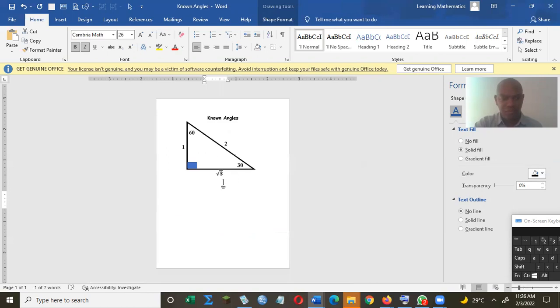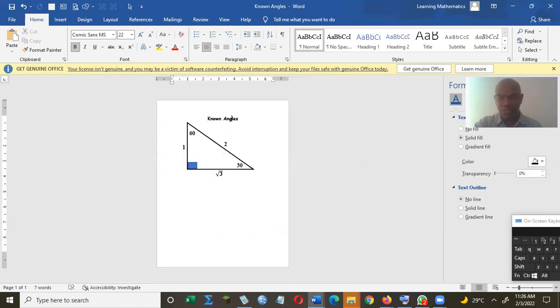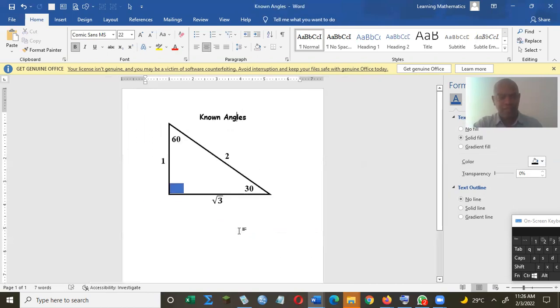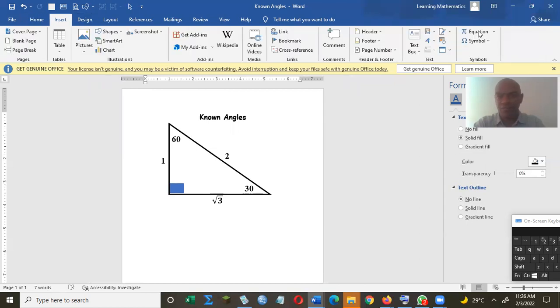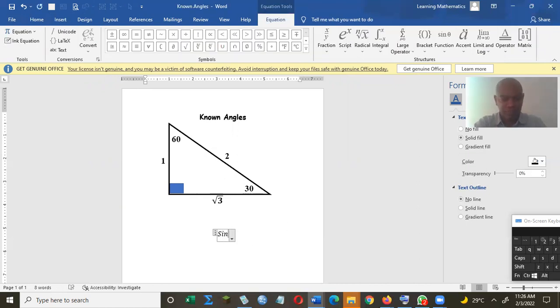trigonometrical ratios that we know, okay, we know that sine is equal to the side opposite over the hypotenuse. So therefore now sine of 30 degrees is equal to 1 over 2.